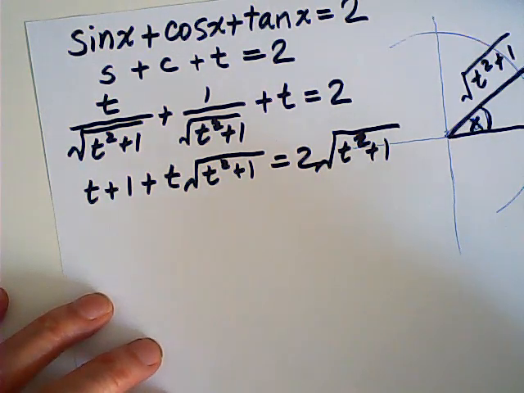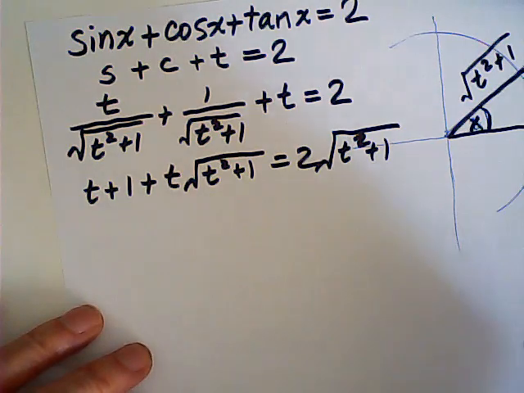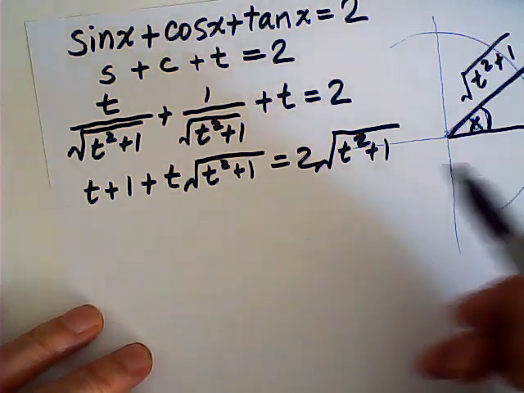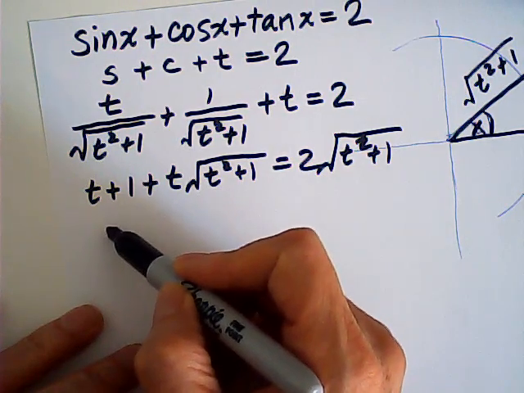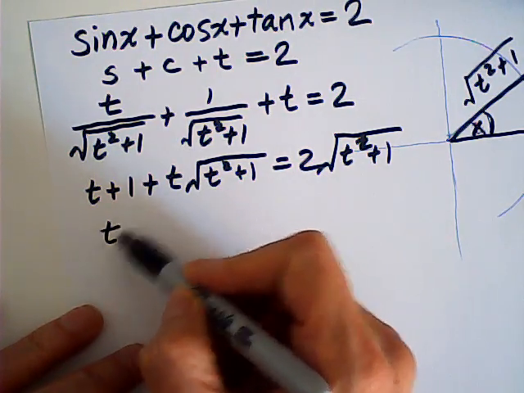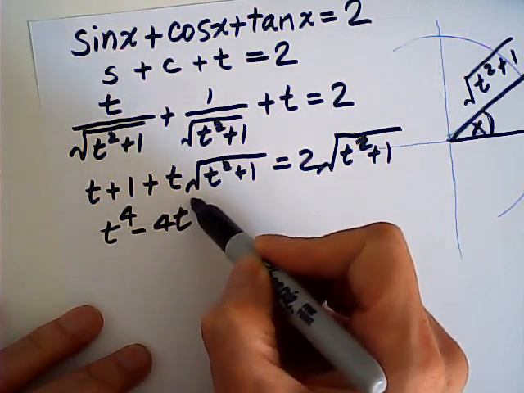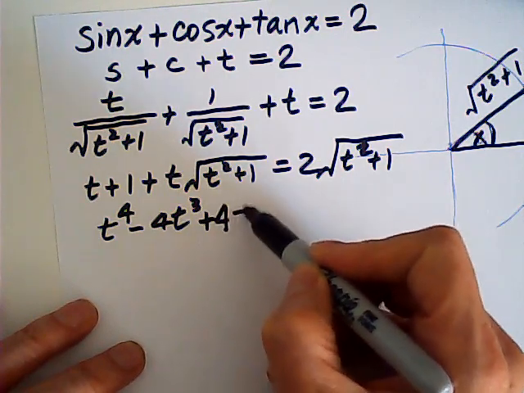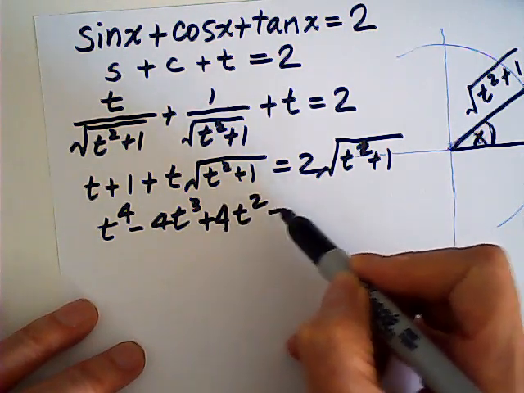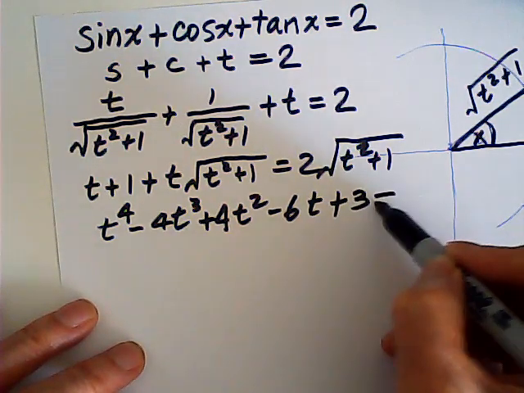Then we square both sides, we get a quartic equation, that is this: minus 4t cubed plus 4t squared minus 6t plus 3 equal to 0.